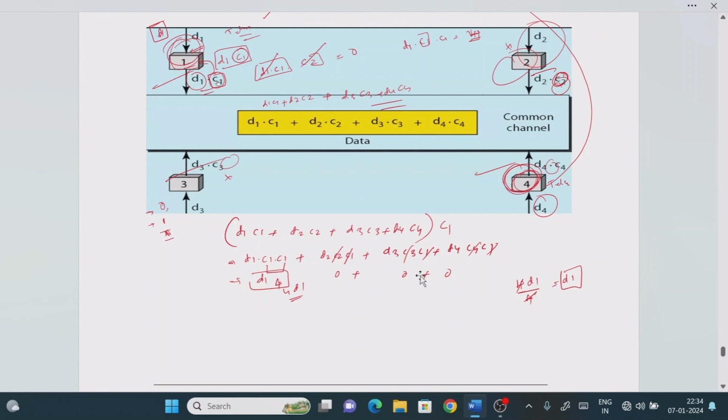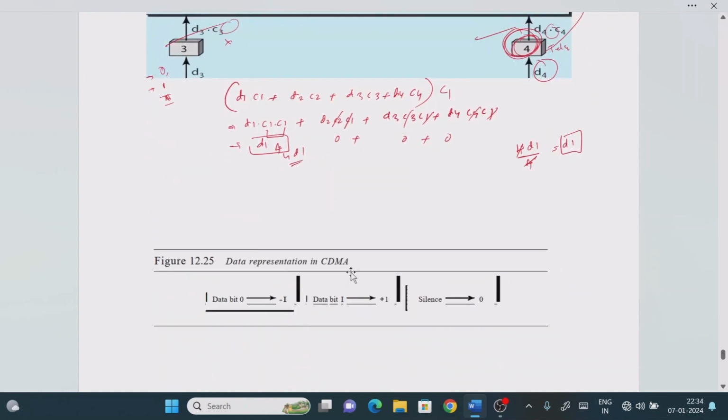In real time, if the attached code is -1, it is going to send the bit 0. If it is +1, the data bit value is 1. If it is silence, the value inserted is 0. If you want more information on how this is done in real time, please refer to the material so that you will understand.